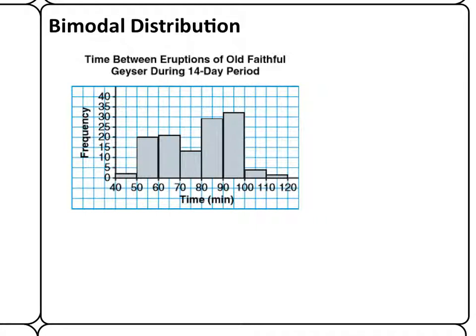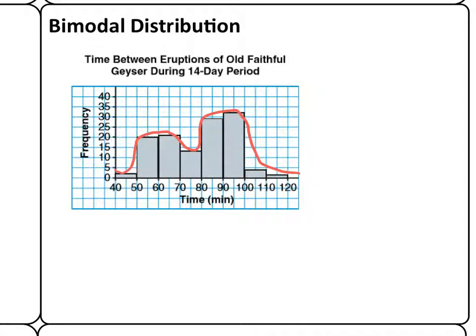The next one is called a bimodal distribution, and this one happens when it seems like you have 2 different peaks or 2 different higher points in the graph. So you'll notice that this one comes up, goes back down, but then comes back up and is down again.